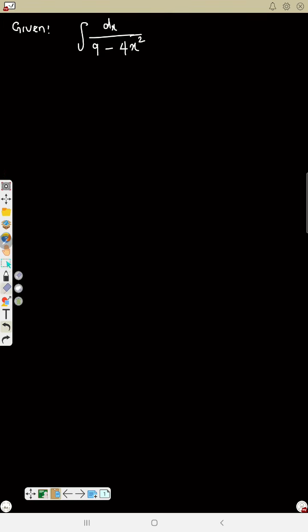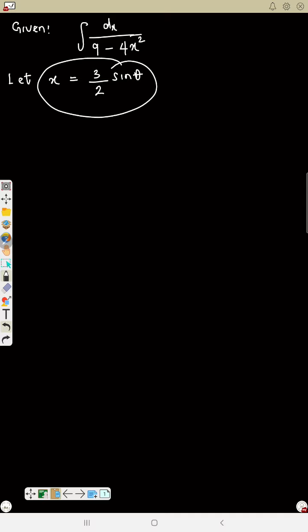So now back to the question. Integral of dx divided by 9 minus 4x squared. So I'll first say let x equals 3 over 2 sine theta. You have seen how I got this. So that will be my trig substitution.